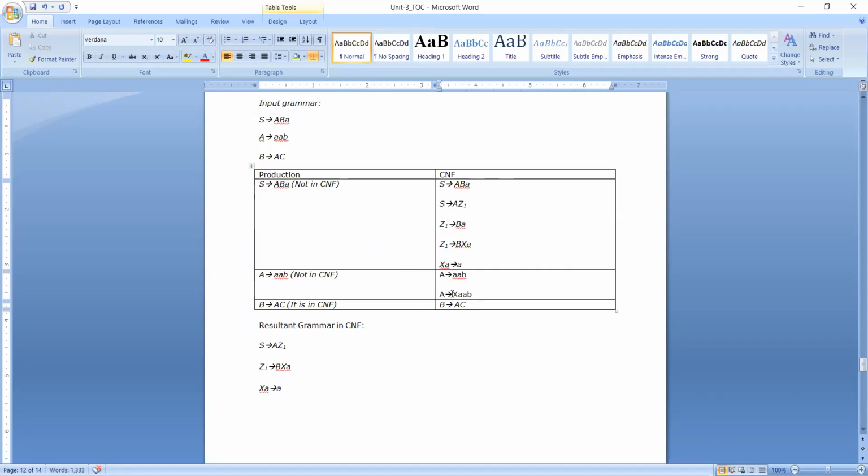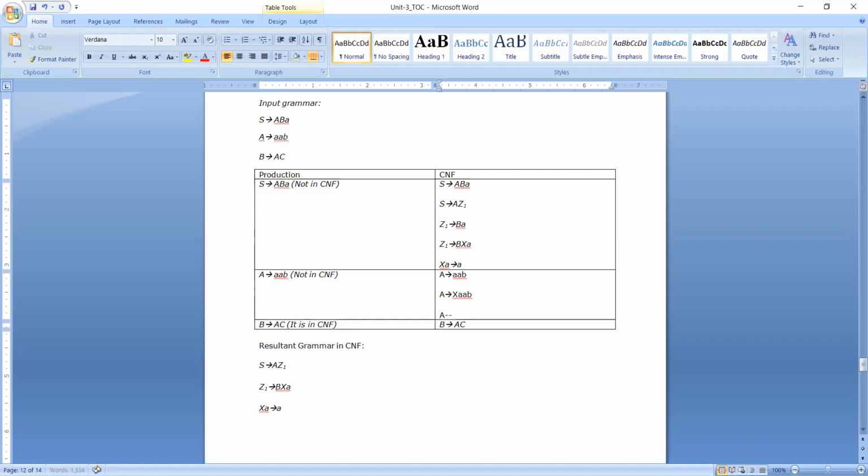This XA is already small a. Now I am going to make use of a new variable, Z2, so A derives to XA Z2.